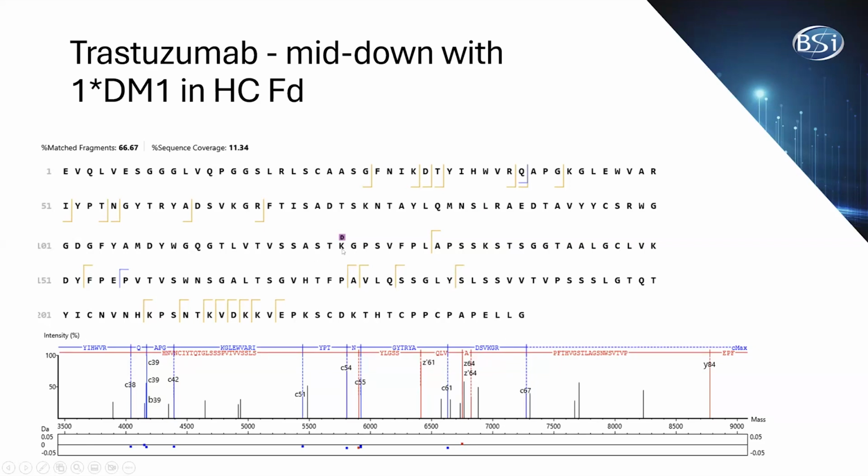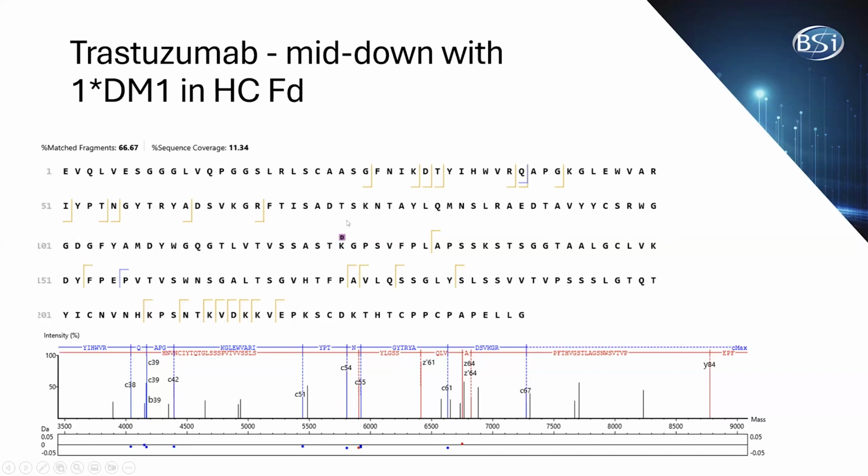So this did leave us with some ambiguity since we don't have fragmentation between a number of residues. We don't know for sure, just strictly from top-down data, whether DM1 is conjugated at this lysine versus this lysine.